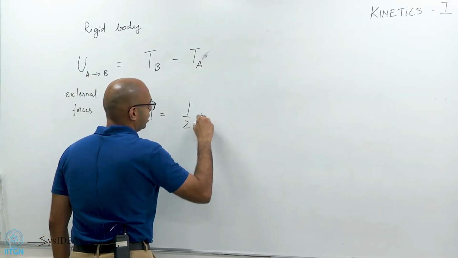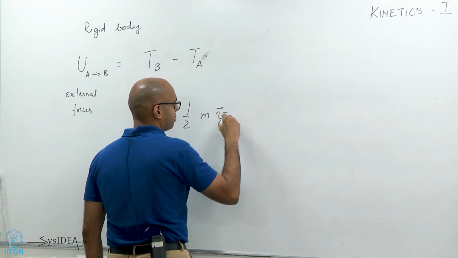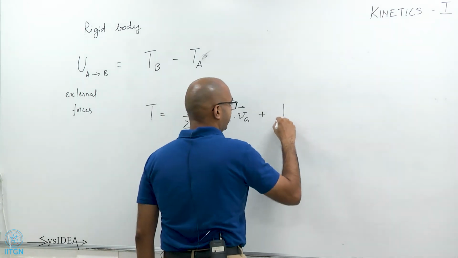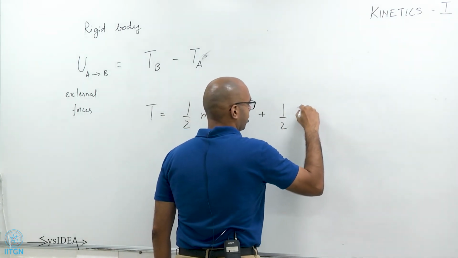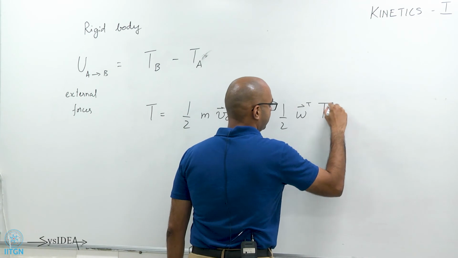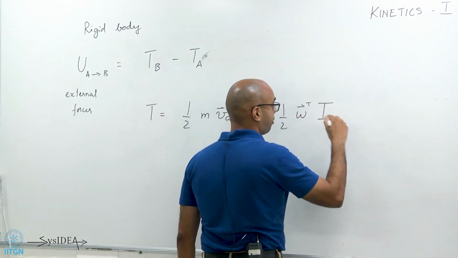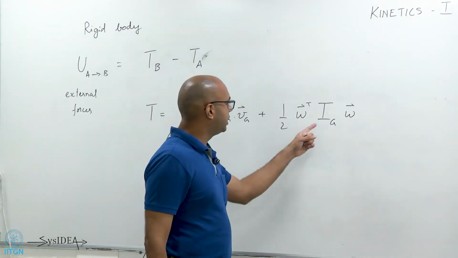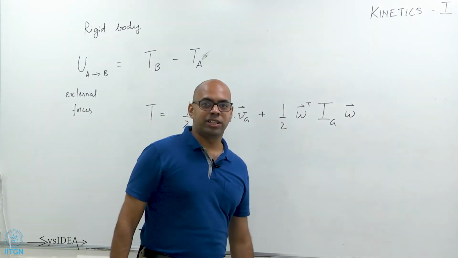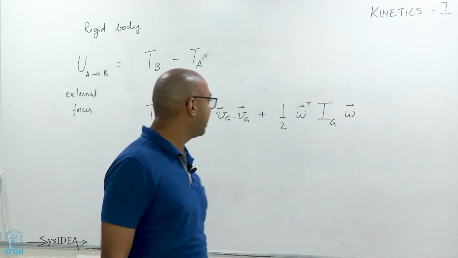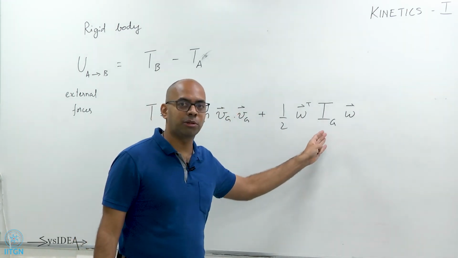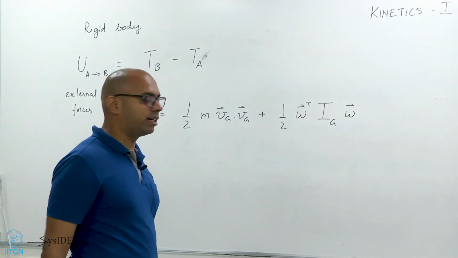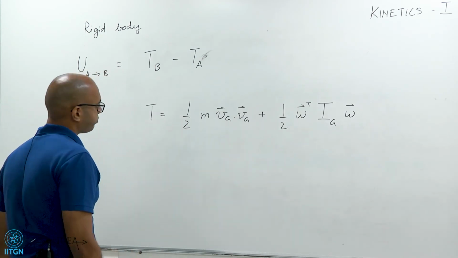The first is the total mass times the velocity of center of gravity squared, plus the second term is the rotational kinetic energy, where I get half I omega squared essentially, but I really have to write it in a vector form. And this is moment of inertia about the center of gravity. This is a tensor. We haven't talked about it yet. We will talk about it later in one of the subsequent concept capsules.